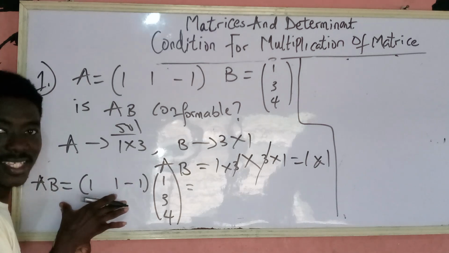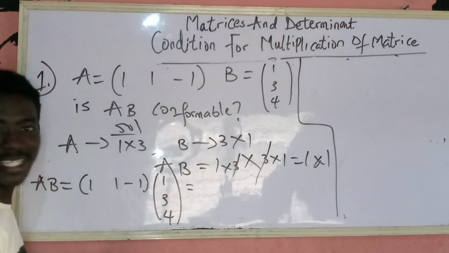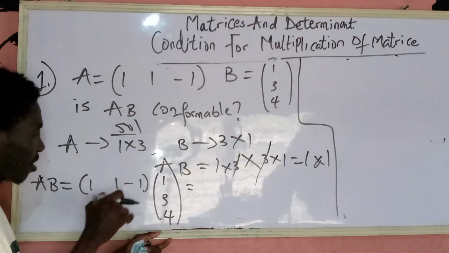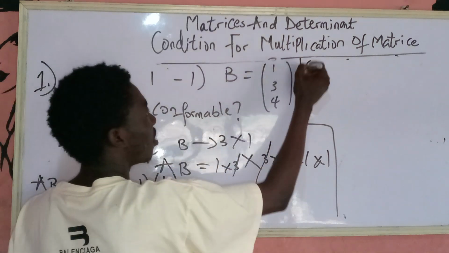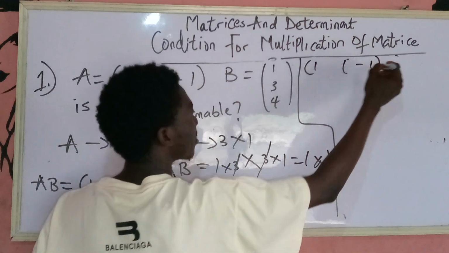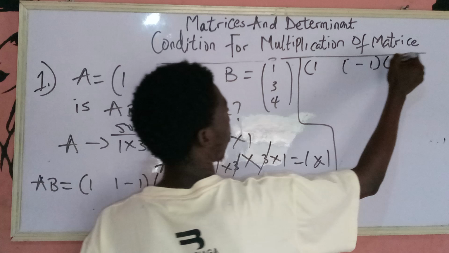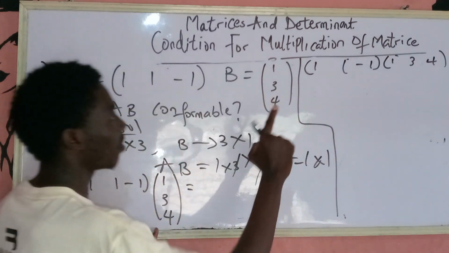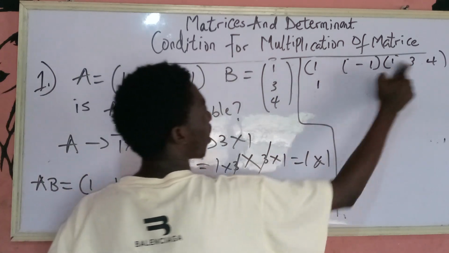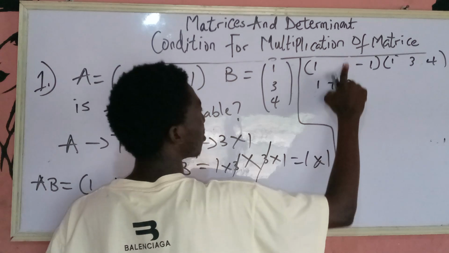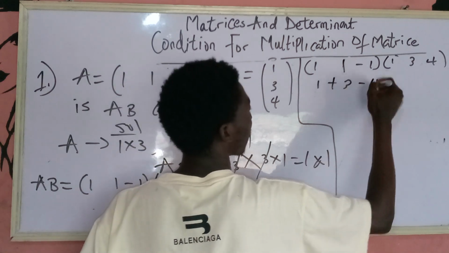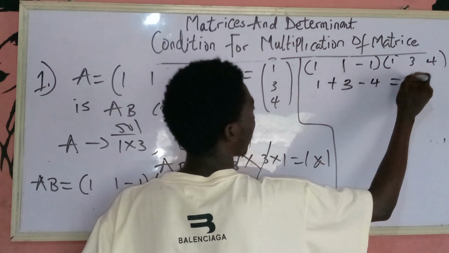You can see this single row multiplies this single column. So that will be 1, 1 and minus 1 times 1, 3 and 4. 1 times 1 is 1. 1 times 3 is 3. And this is minus 4. And that gives us 0.